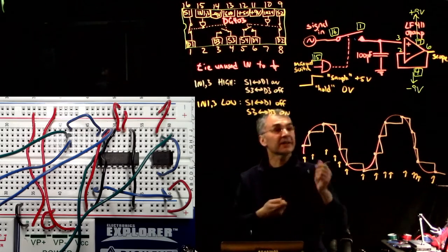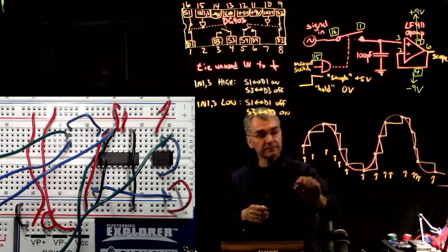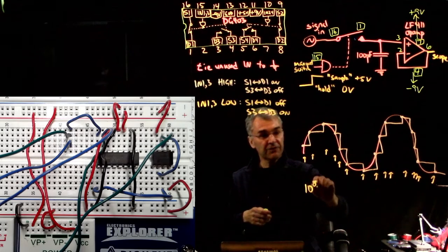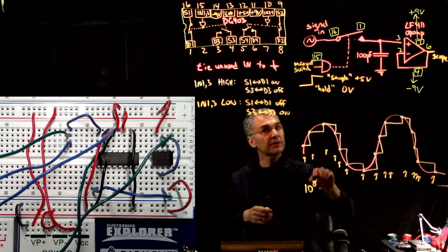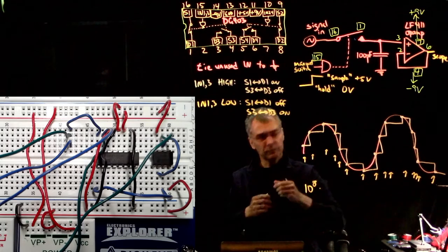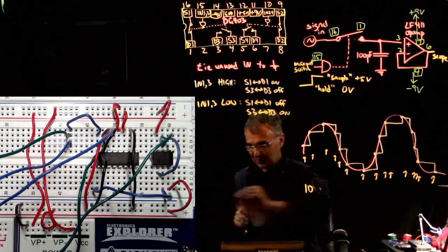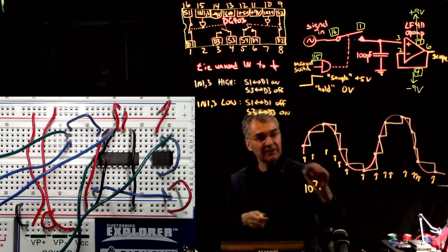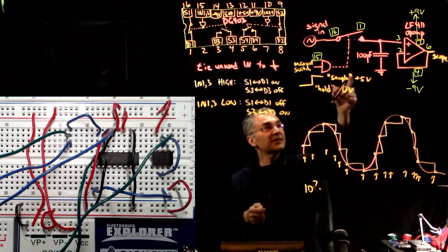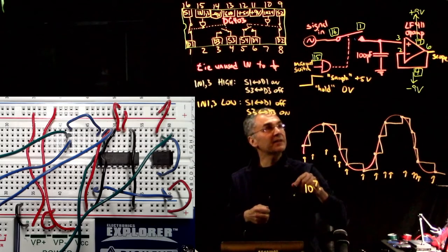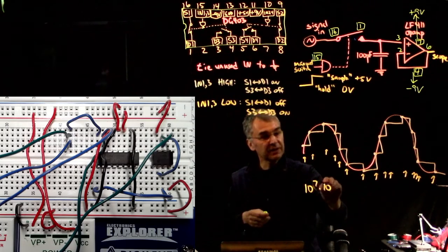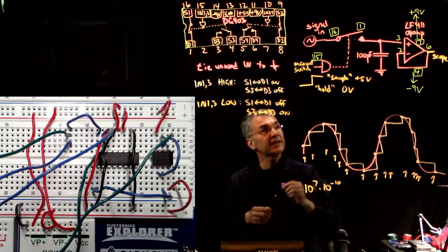I guess we could work that out. So this is 10 to the 7th ohms times 100 picofarads, that's like 0.1 nanofarads, that's like 10 to the minus 10 farads.